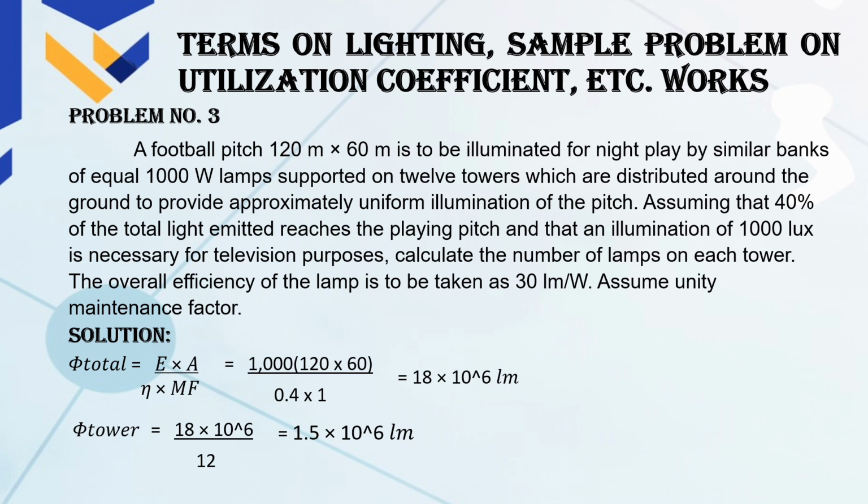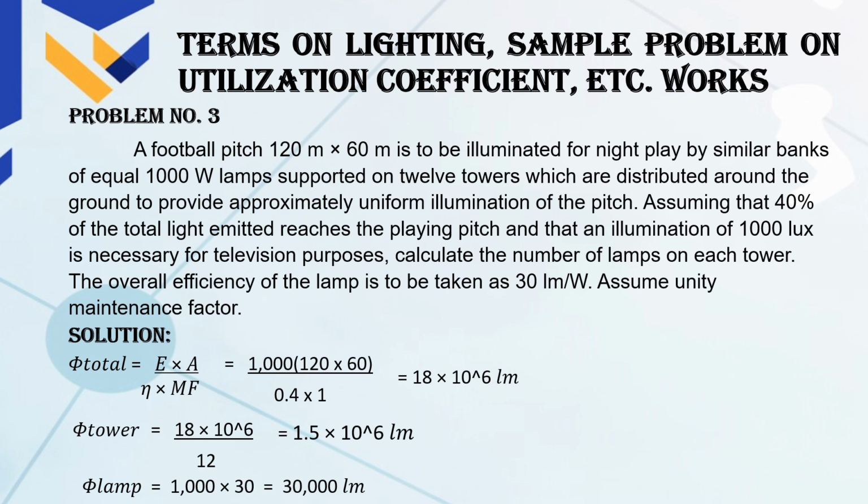So ato na pong kuhaon ang luminous flux sa lamp. So same ra gihapon sa atong gibuhat ganiha. So natay 1,000 watts multiplied by 30 lm per W. So therefore makuha nato ang 30,000 lm.